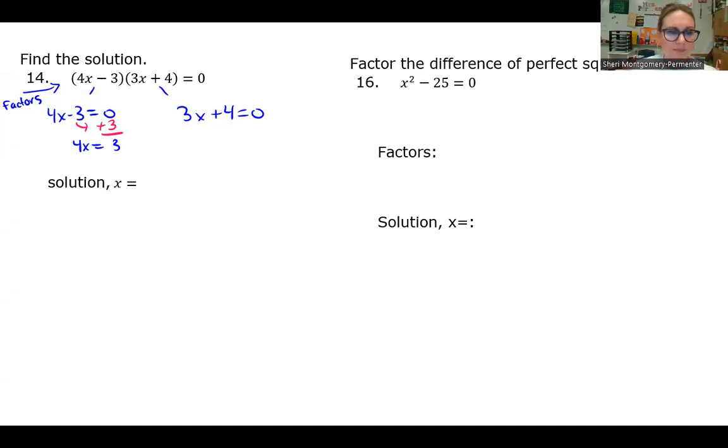What's my next step? Very good. Don't give me decimals, I want fractions. So my solution set, I've got 3/4. Let's find our other one. It's going to be the same 2 steps. I've got to subtract 4.